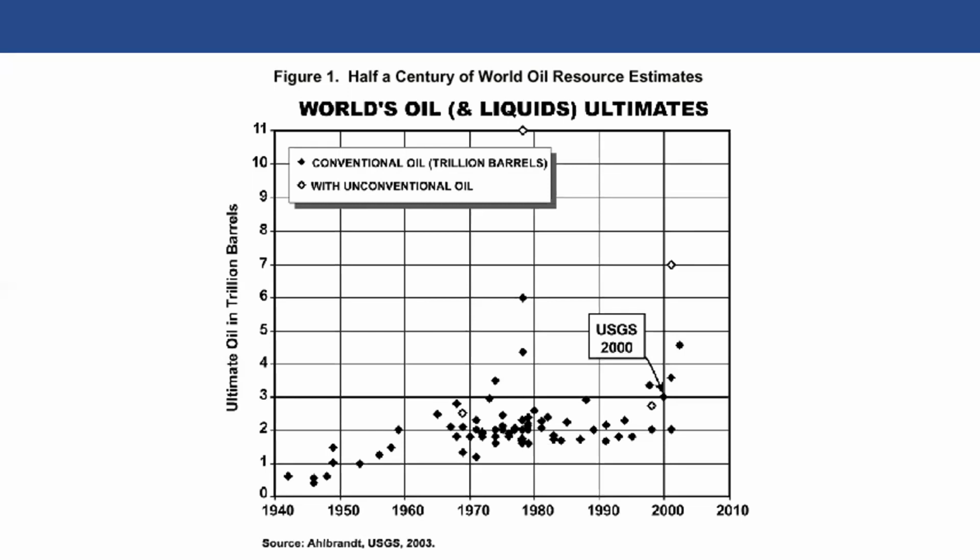The main takeaway here is that in terms of how much oil we have left, there's still a lot of uncertainty. We have a good sense in terms of order of magnitude, on the order of 1 to 10 trillion barrels, but within that there are still a lot of disagreements and different techniques and assumptions that go into what experts consider is the resource left in the world for us to extract.